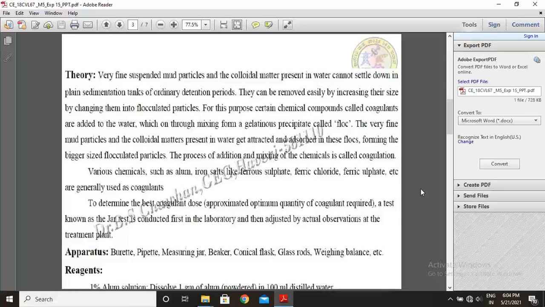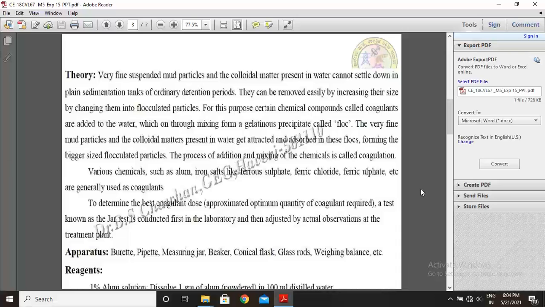Let us see the background or theory of this experiment. Very fine suspended mud particles and the colloidal matter present in water cannot settle down in plain sedimentation tanks of ordinary detention periods.